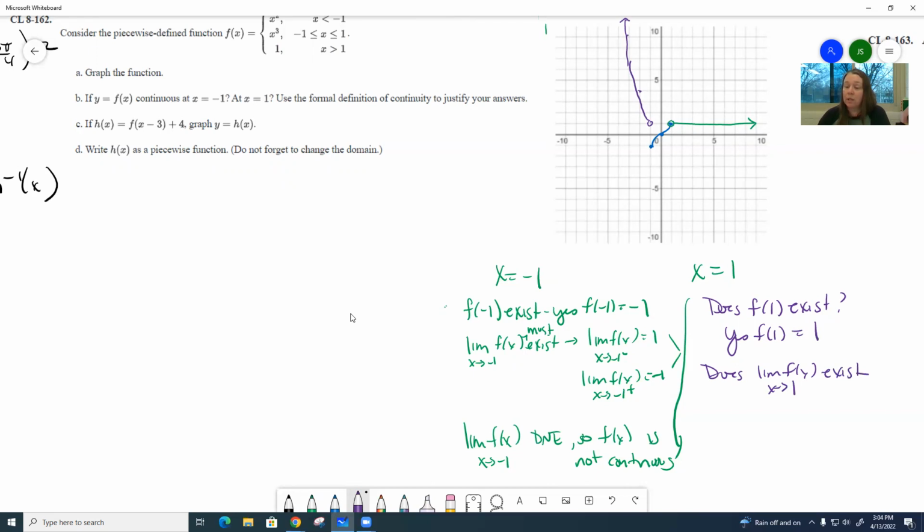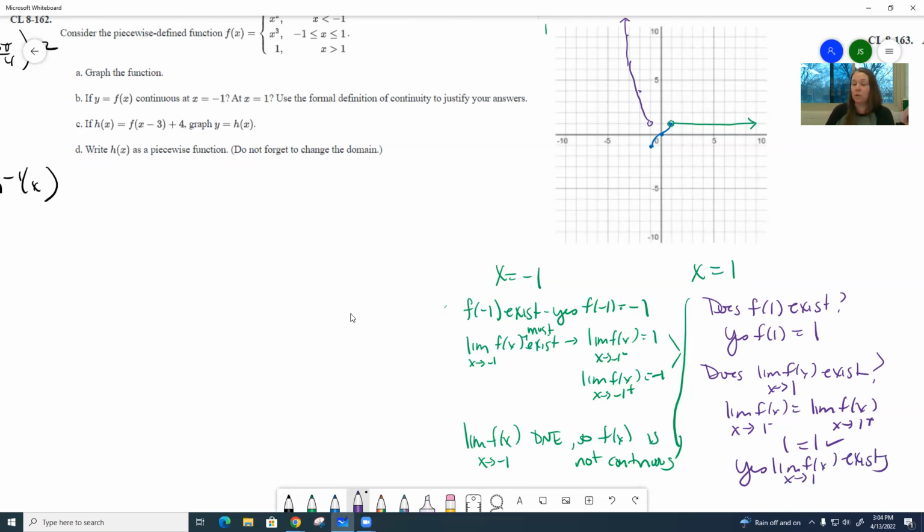Which means, is the limit of f of x as x approaches 1 from the left equal to the limit of f of x as x approaches 1 from the right? So as we approach 1 from the left, we get closer to 1. As we approach 1 from the right, we get closer to 1. So does it exist? Yes. The limit of f of x as x approaches 1 exists.